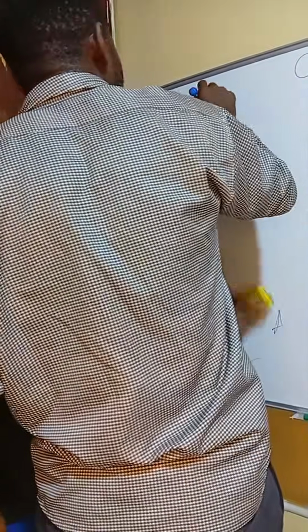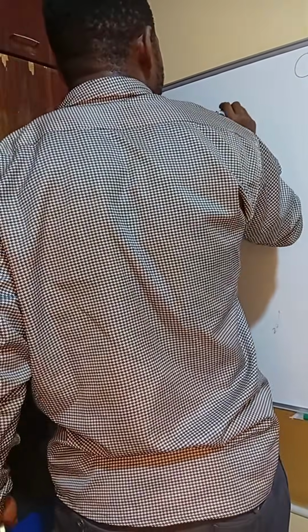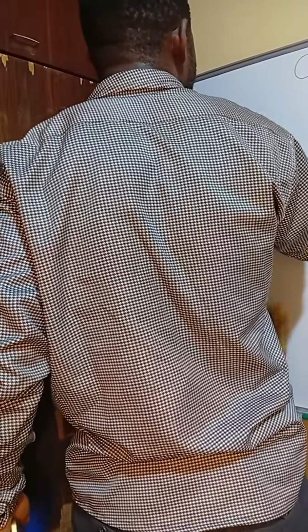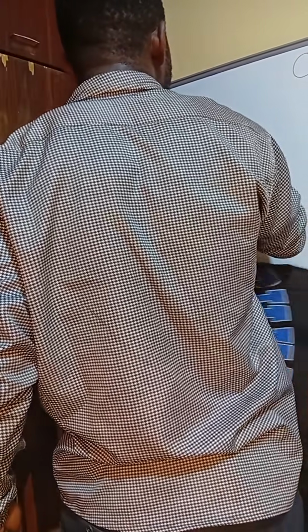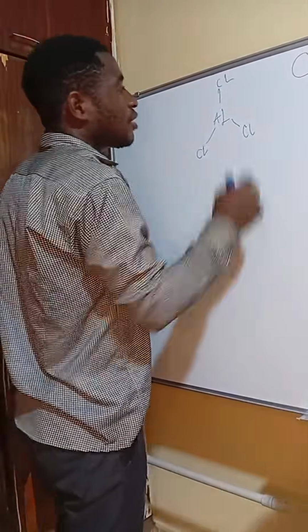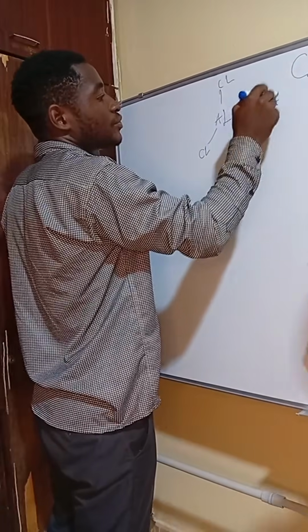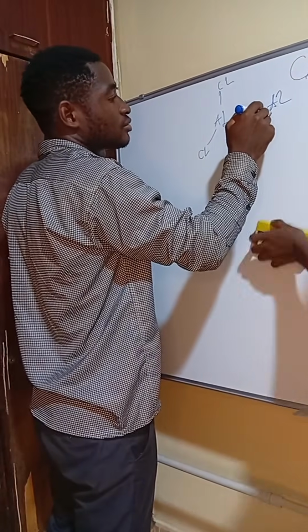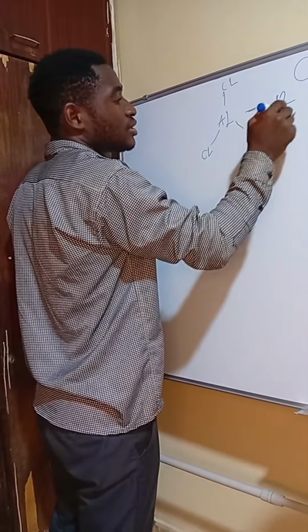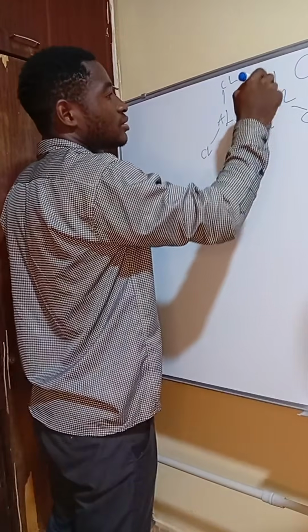So the dimers will give us... now we are adding a second aluminium compound. We put a bond here, Al. This one comes here again to Cl, Cl, Cl.